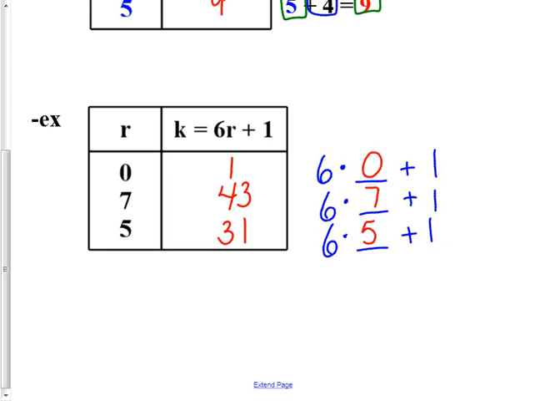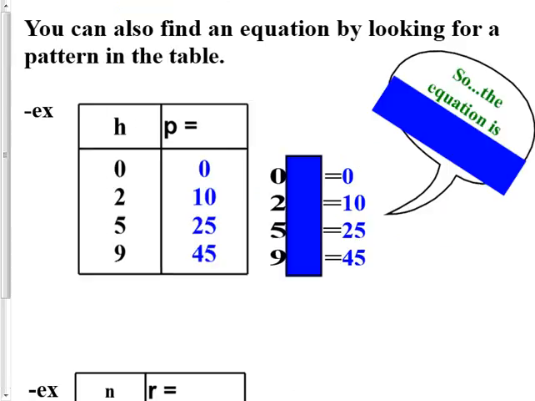Now, in addition to being able to fill out a function table based on being given the equation, you also should be able to look at a filled out function table and figure out the equation that was used to generate that function table. So when we look at this one, we use what we know about patterns and number relationships to do that.